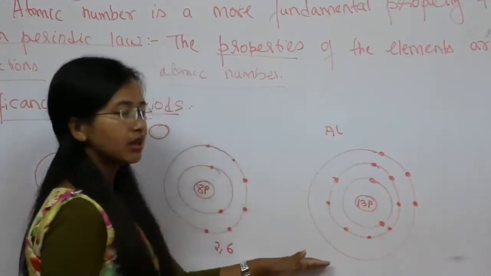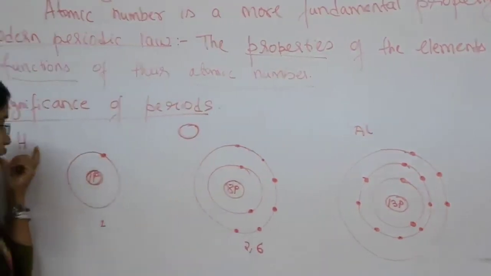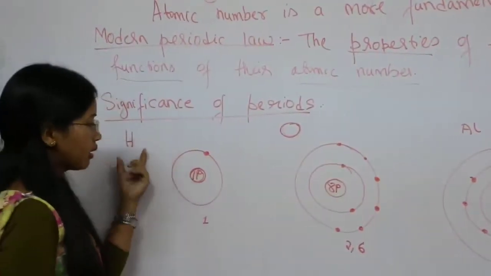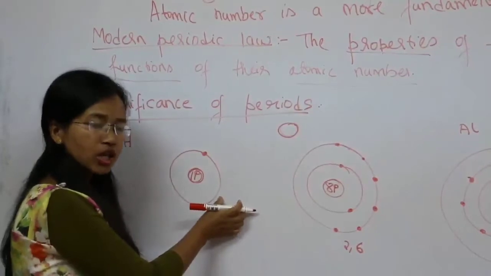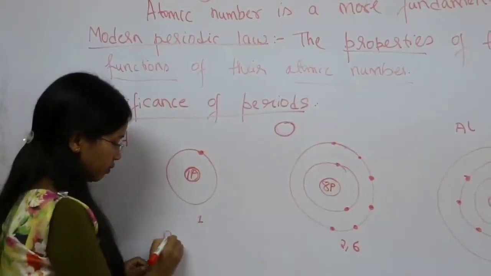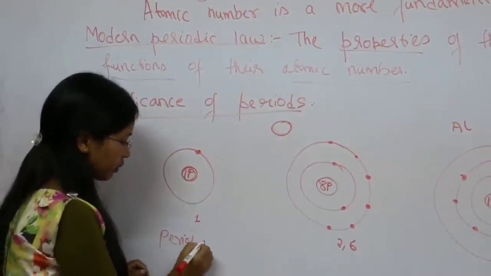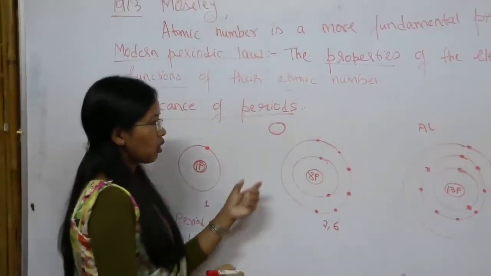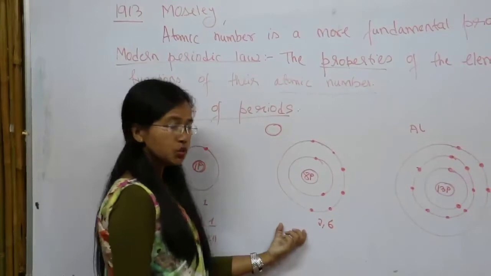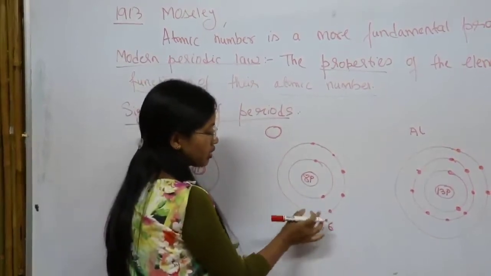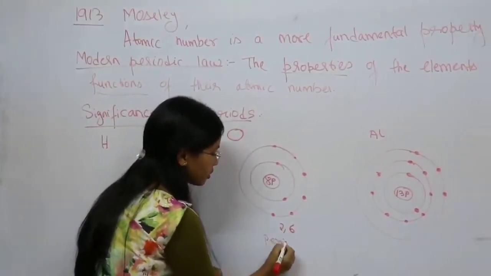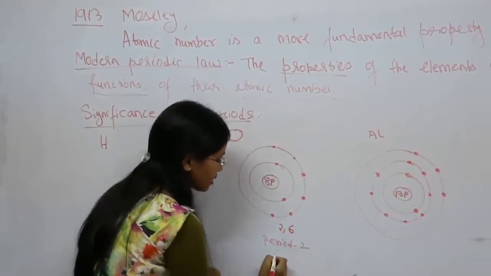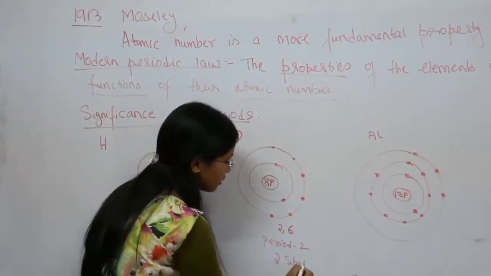Now you can see clearly from here, hydrogen is in period 1, so it has only 1 shell. And then oxygen is in period 2, so it has 2 shells.